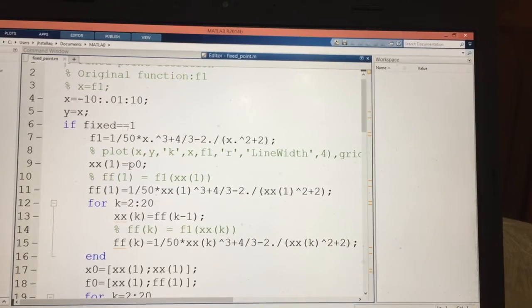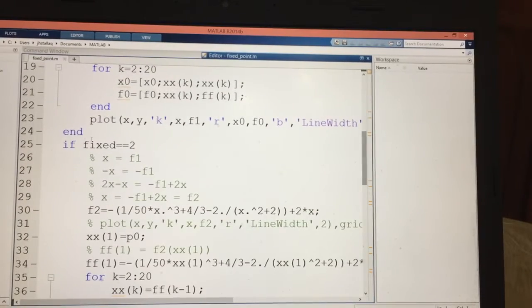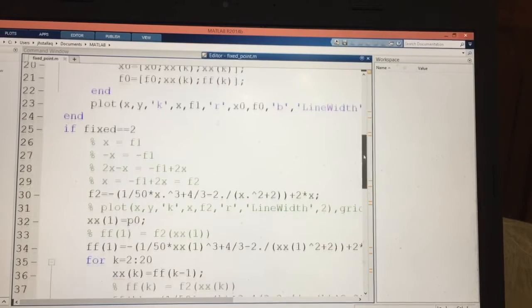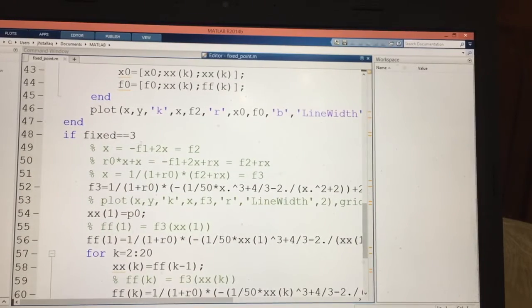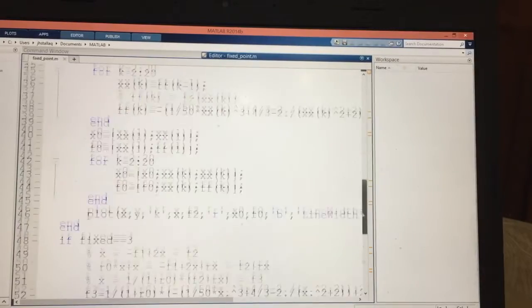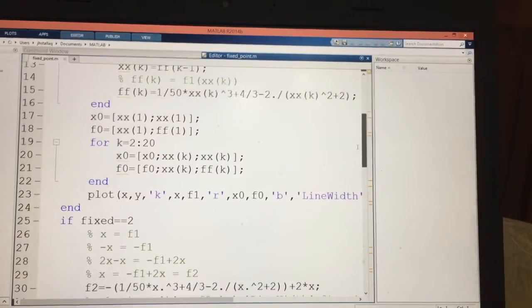If fixed equals 1, then we use the original function. If fixed equals 2, we use the second function, which is multiplied by -1 on both sides. And if the index fixed equals 3, then we add r naught x to both sides. So let's go to the first one.